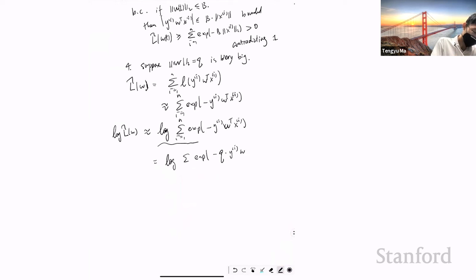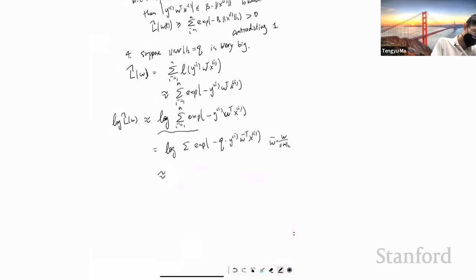You get yi times W bar transpose xi, where W bar is the normalization of W. Now I'm going to claim that this is close to the max over i of minus Q yi W bar transpose xi.